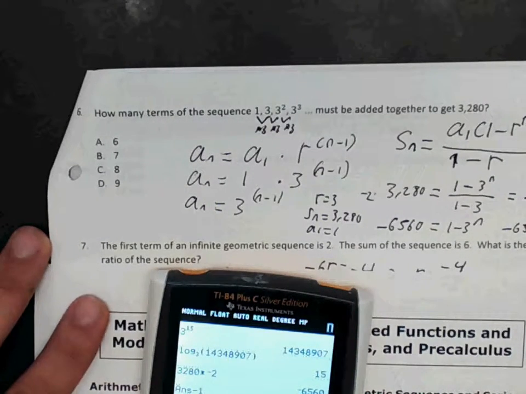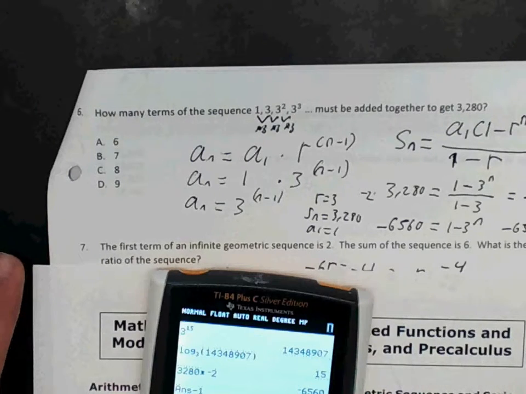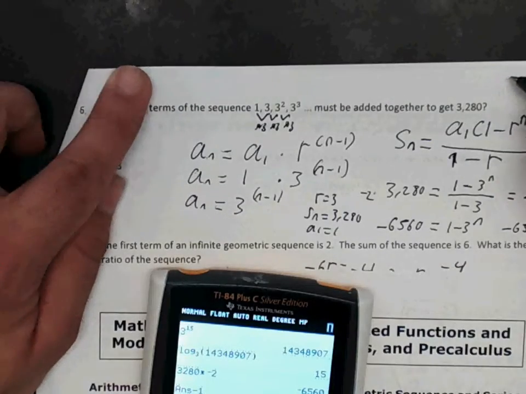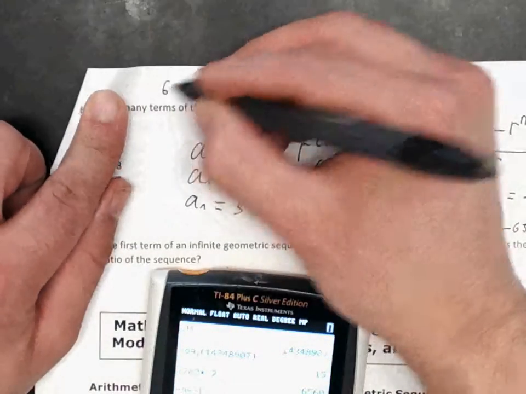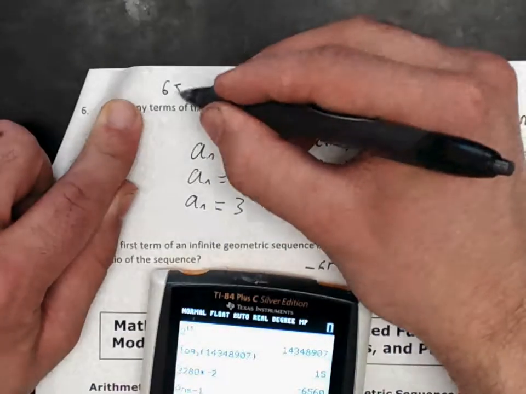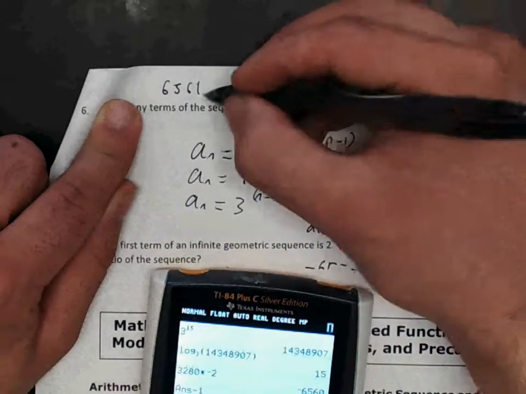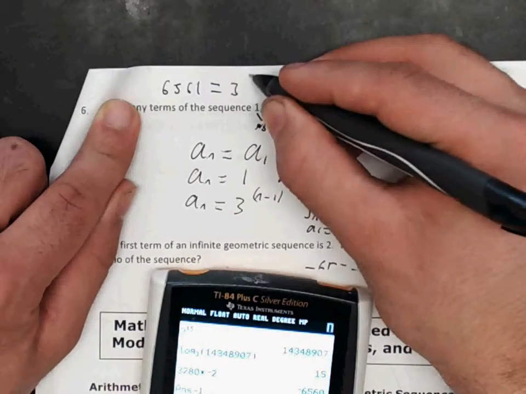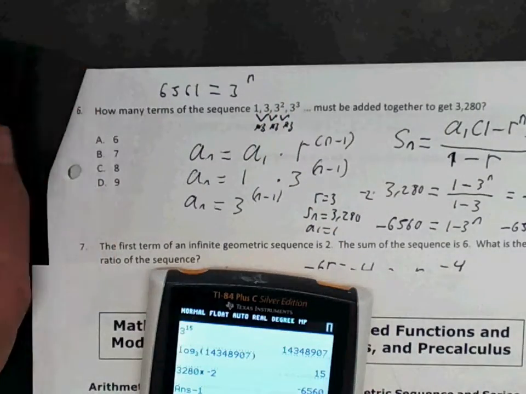So we can rewrite this as a logarithm. Well, actually before we write this as a logarithm, it'll make sense to divide each side by negative 1, so that we can say 6,561 is equal to 3 to the n. So all I did is divide each side by negative 1.